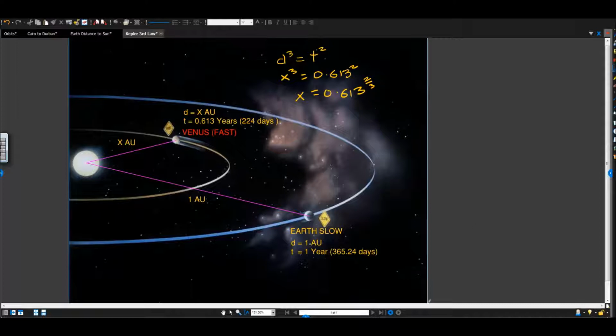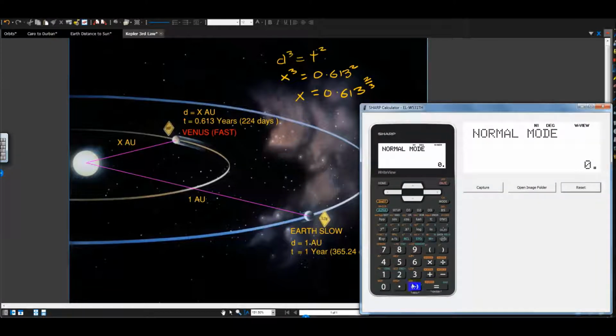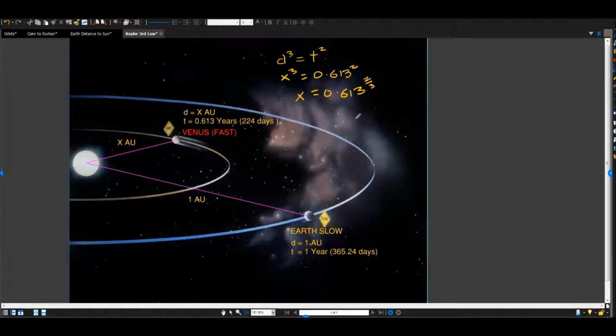If you go to your calculator really quickly, 0.613 squared, and then cube root, you get about 0.7216. But when you do it accurately, like with Excel, because it's not actually 0.613, the digits go further. So anyway, we'll find that X equals 0.7218 AU.